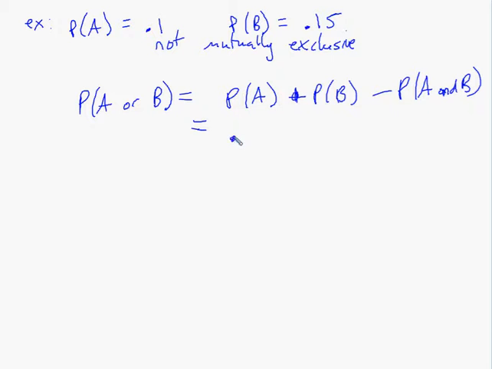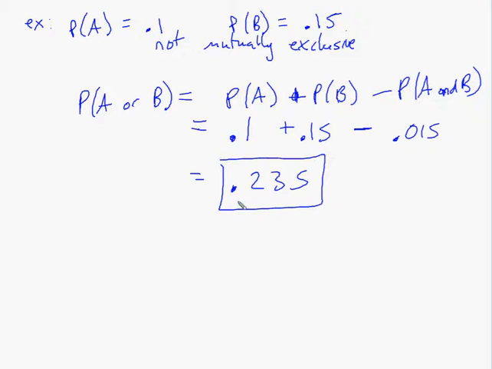So I add 0.1 to 0.15 and I subtract out their product. So I go ahead and I multiply those, 0.1 times 0.15, and I get 0.015. So I go ahead and add and subtract, going right across. And that is my final probability.